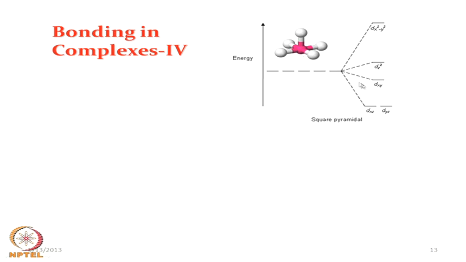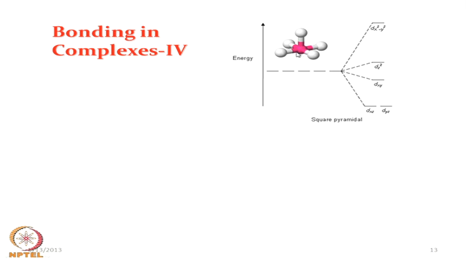So, if we take out that particular ligand from an octahedral geometry, what we see is that originally in octahedral geometry, dxz, dyz and dxy, these three belong to the t2g set, and dx square minus y square and dz square, these two were in the eg set.